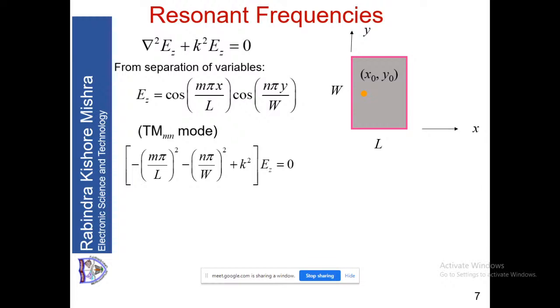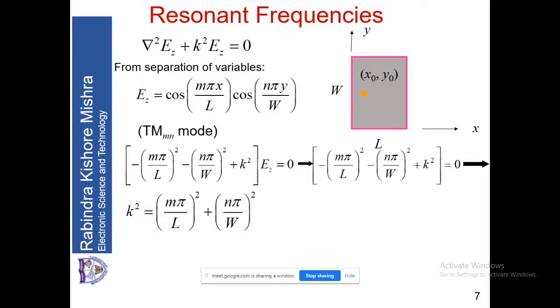From that you will get k square is equal to (m pi by L) square plus (n pi by W) square. Now k is the wave number. Use the expression for k. The wave number k is equal to omega root mu 0 epsilon 0 root epsilon r, where omega is equal to 2 pi f.